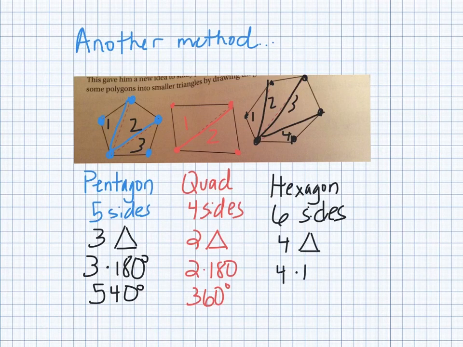Each triangle has a value of 180. So the total angle sum would be 720 degrees. So hopefully you're starting to see a pattern here between the number of sides in the polygon and the number of triangles created. Once we have developed that pattern, we can apply that pattern to any polygon no matter how many sides it has.